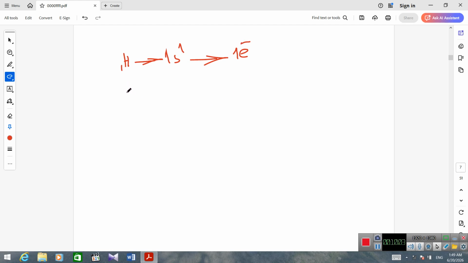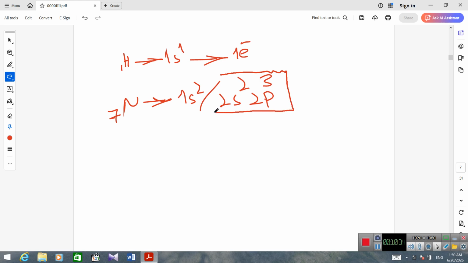Or for another example, nitrogen, atomic number 7, as we all know, nitrogen is from group 15, and the electronic configuration will be 1s2, 2s2, and 2p3, because 2 plus 2 plus 3 is equal to 7, and in its valence shell we can see 5 electrons.